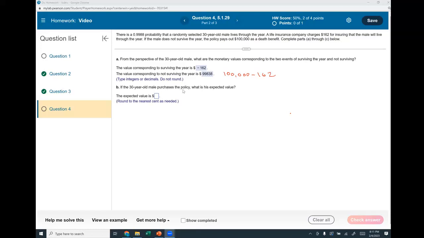If the 30-year-old male purchases the policy, what is his expected value? Okay, so now for this, we need to make our table, right? So let's say he survives. If he survives, my X is negative 162. And the probability of that happening is right here. Let me highlight it.